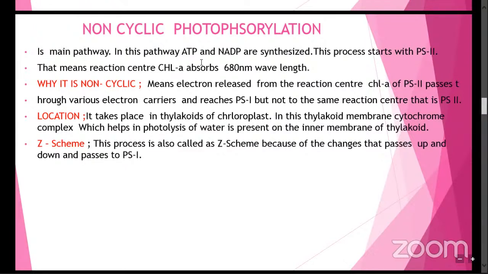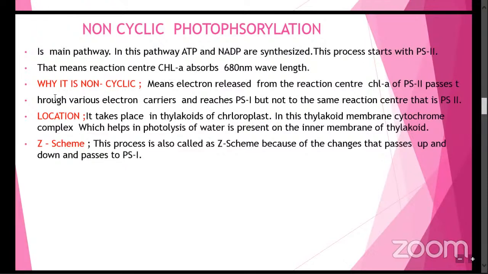In this pathway, ATP and NADPH molecules are synthesized, and this process starts with pigment system 2. The reaction center chlorophyll A absorbs 680 nanometers of wavelength, that is red light. Definitely, these points should be noted.